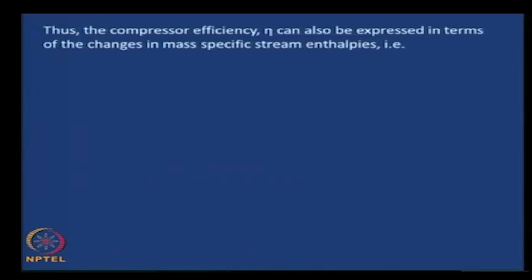The compressor efficiency, which was defined as the ratio of the rate of isentropic work, the maximum work possible, to the actual work, is the compressor efficiency definition that we saw in the problem statement.